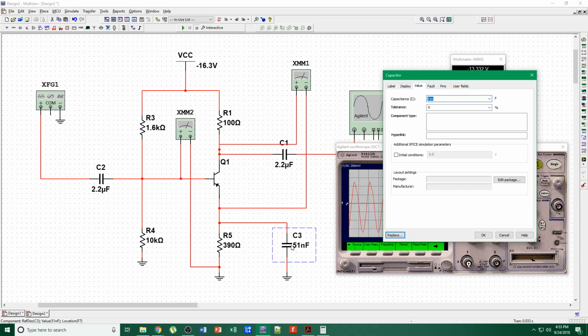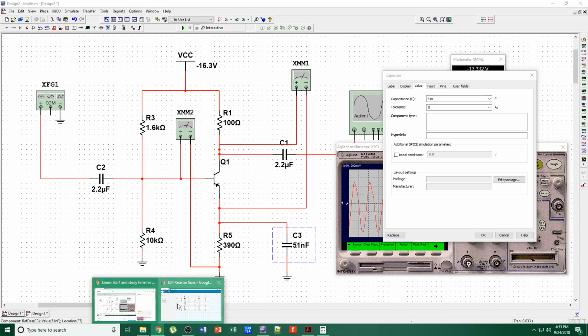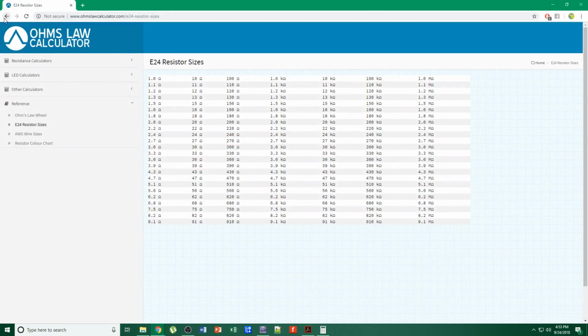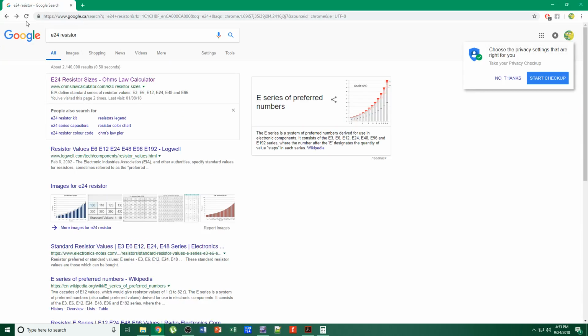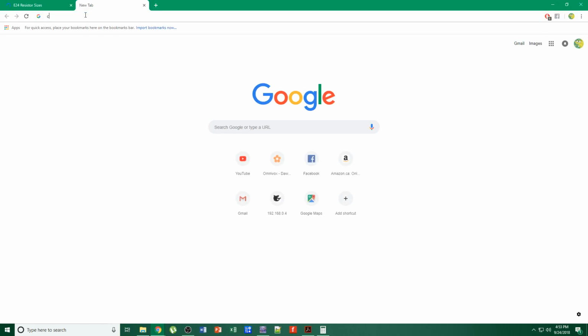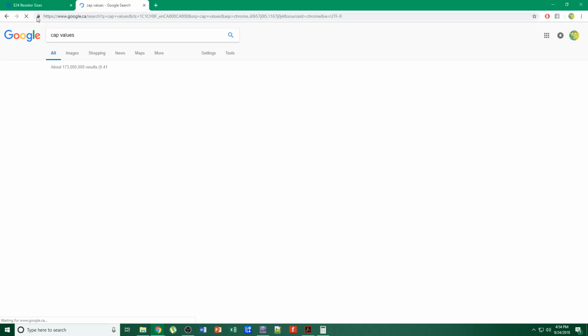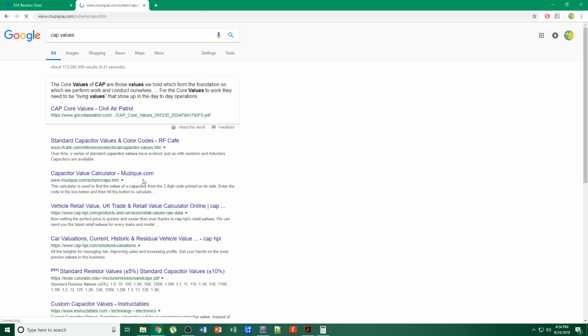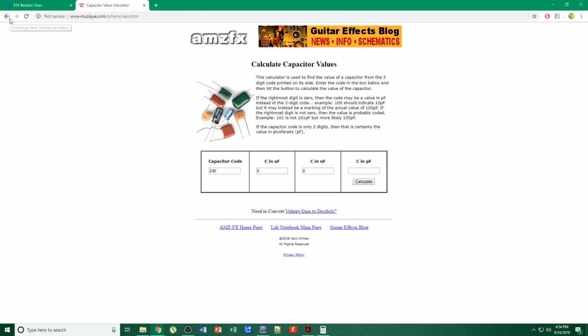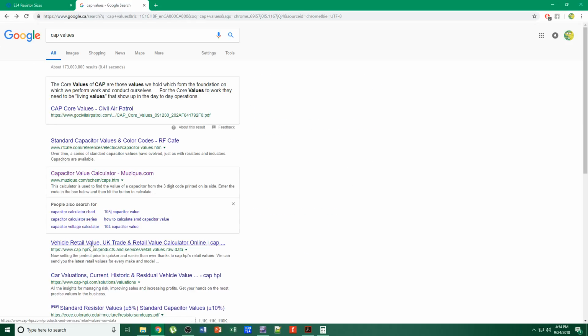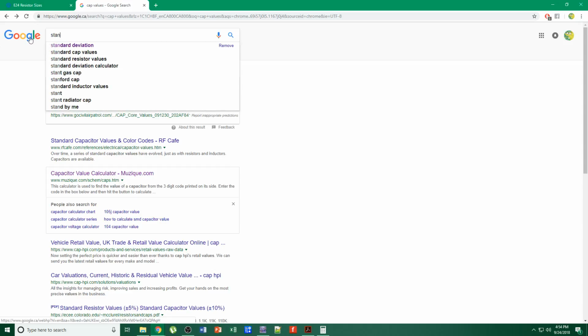Let's look up cap values. Actually, we should keep. I'm gonna bring this up. Cap values. Standard capacitor values.